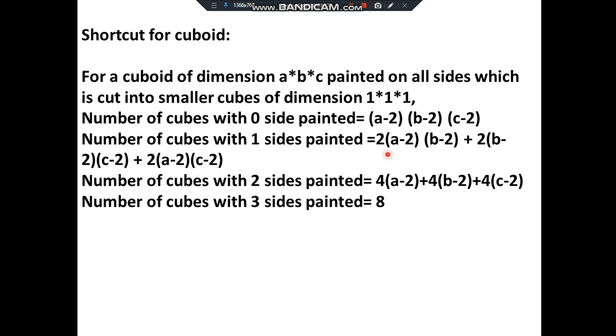Here, we'll use 2 into a minus 2 into b minus 2, plus 2 into b minus 2 into c minus 2, plus 2 into a minus 2 into c minus 2. Then 0 sides painted, we had n cube. Instead, we'll have n minus 2 the whole cube, which here is a minus 2 into b minus 2 into c minus 2. That is the only difference.